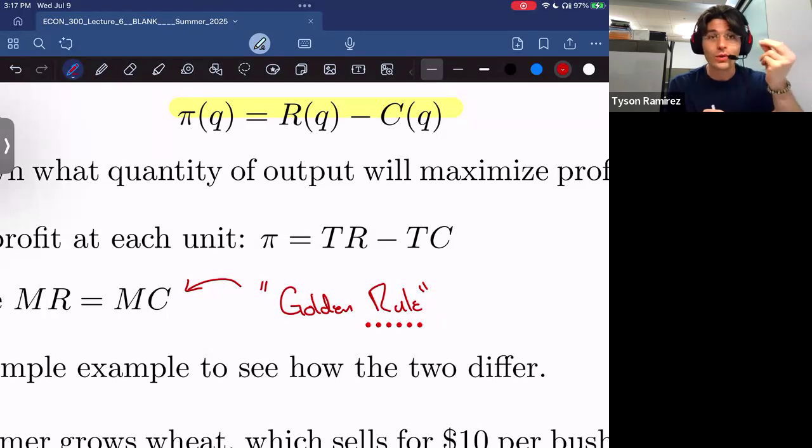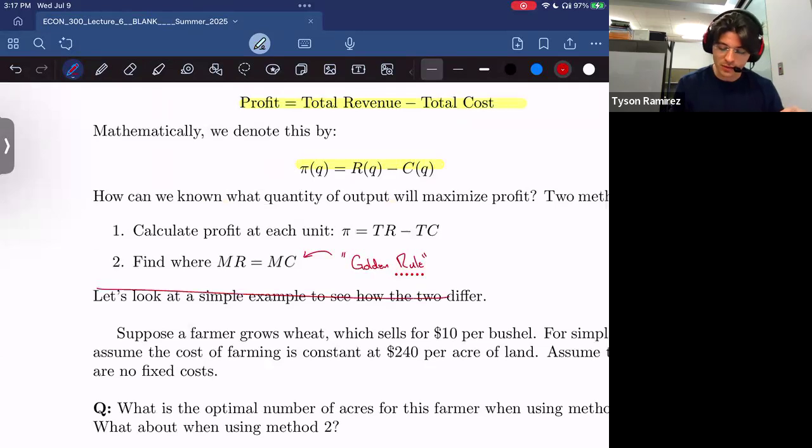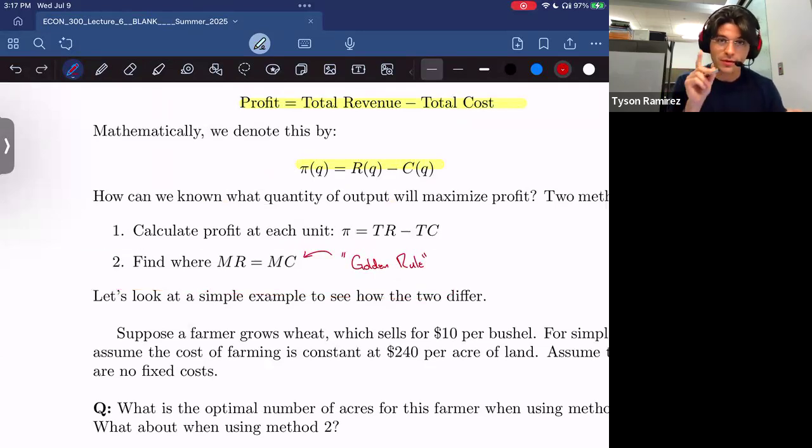The optimal point is where the marginal benefit is equal to the marginal cost. So I refer to this as the golden rule. If there's nothing else you remember from this class, it should be this thing. So why do I bother presenting two methods?